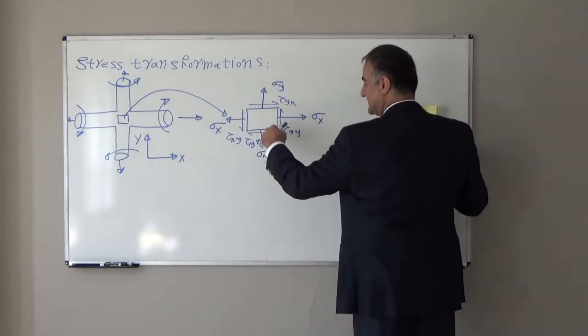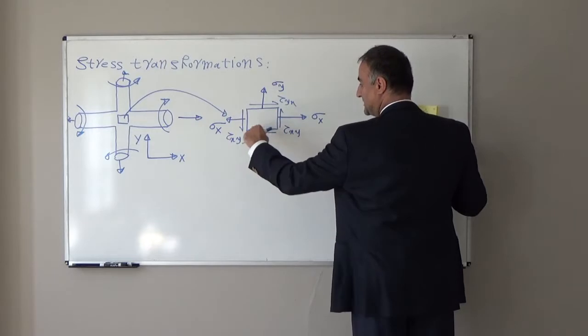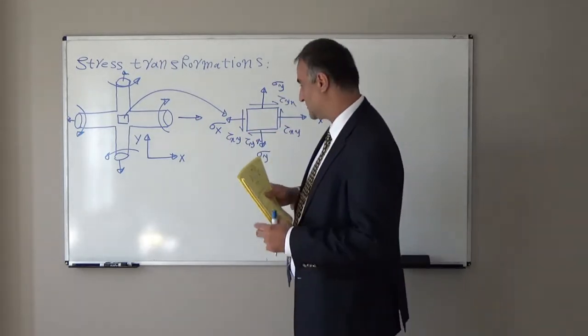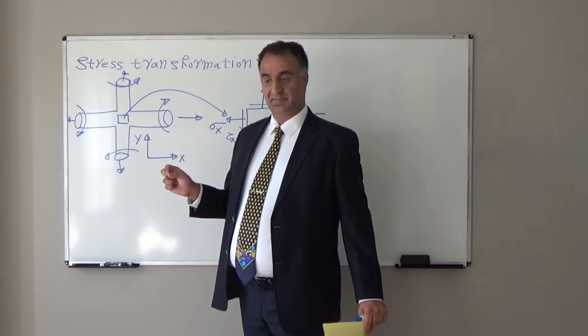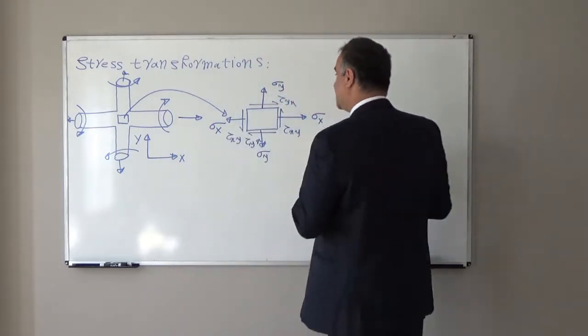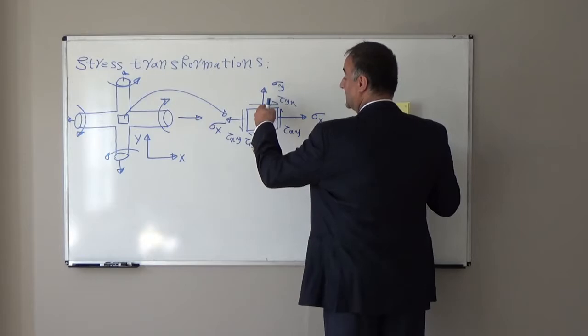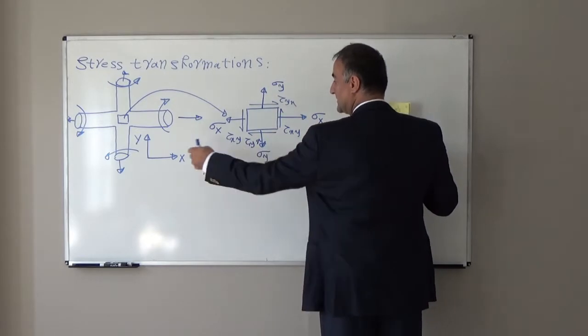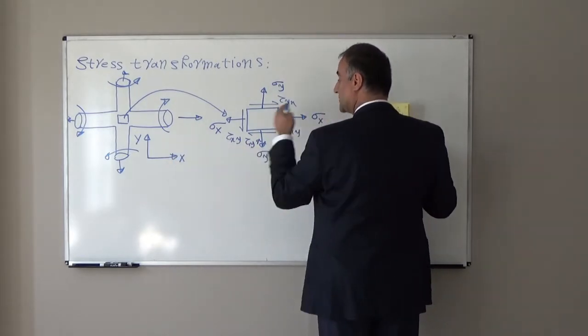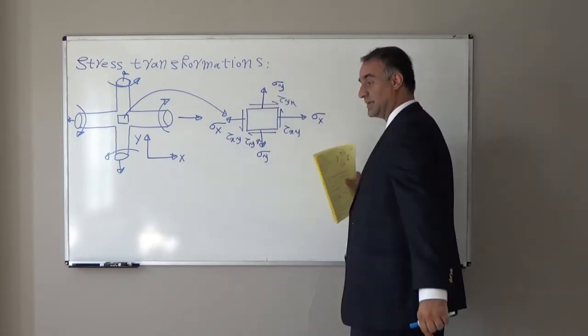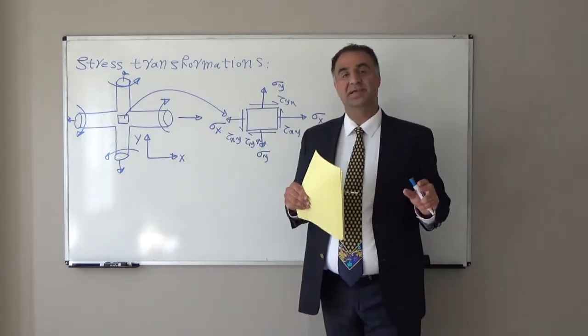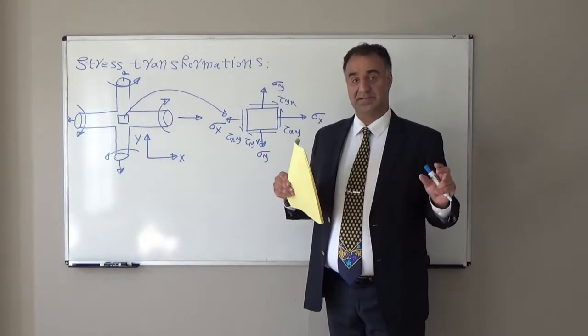These two faces are perpendicular to the y direction; we call it the y face of the element. On the y face, the normal stress in the y direction we call sigma y and sigma y. Sigma always represents normal stress.